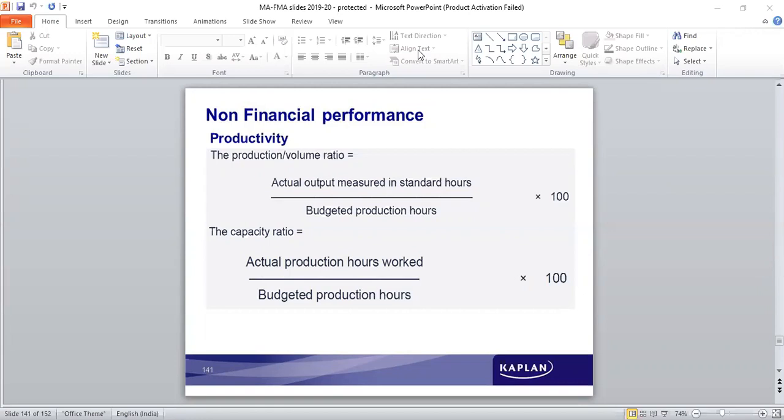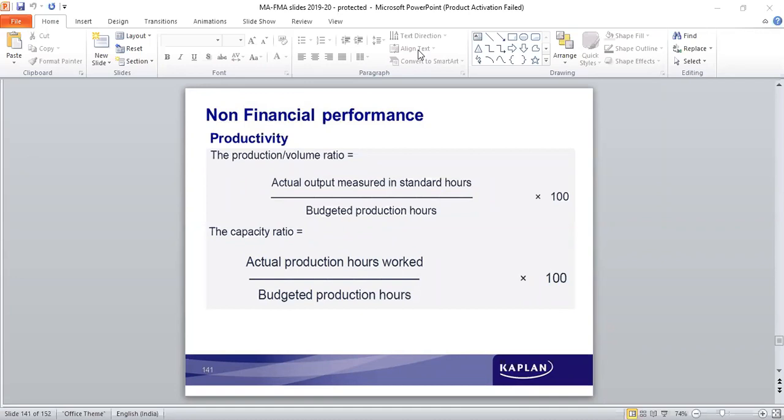The non-financial parameters are in terms of satisfying the customers, in terms of efficiency, in terms of productivity, in terms of flexibility which is provided, that is customization, delivery, etc. In terms of maintaining a good rapport with the suppliers, in terms of taking care of the employees of the organization. All these are non-financial parameters, non-financial performance indicators. So these things also have to be taken care of.